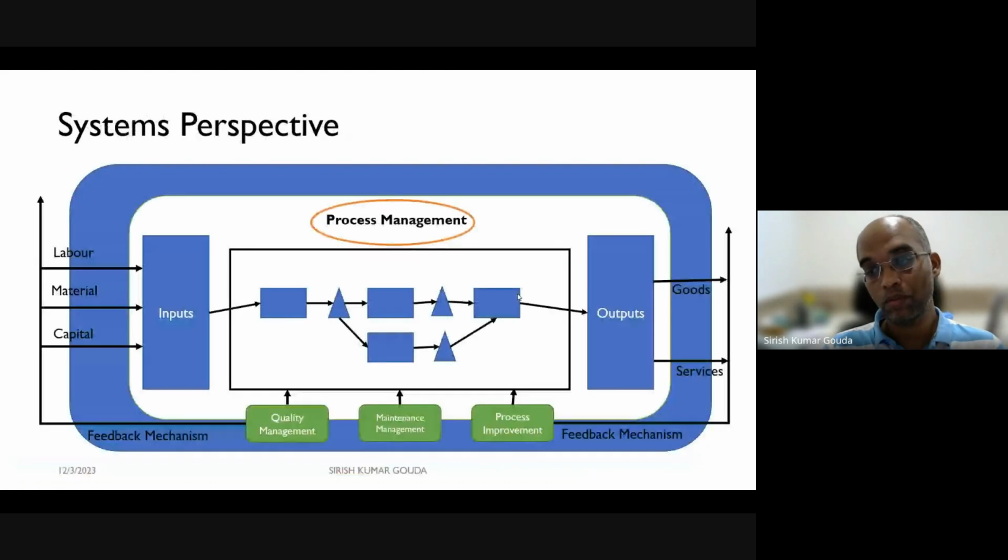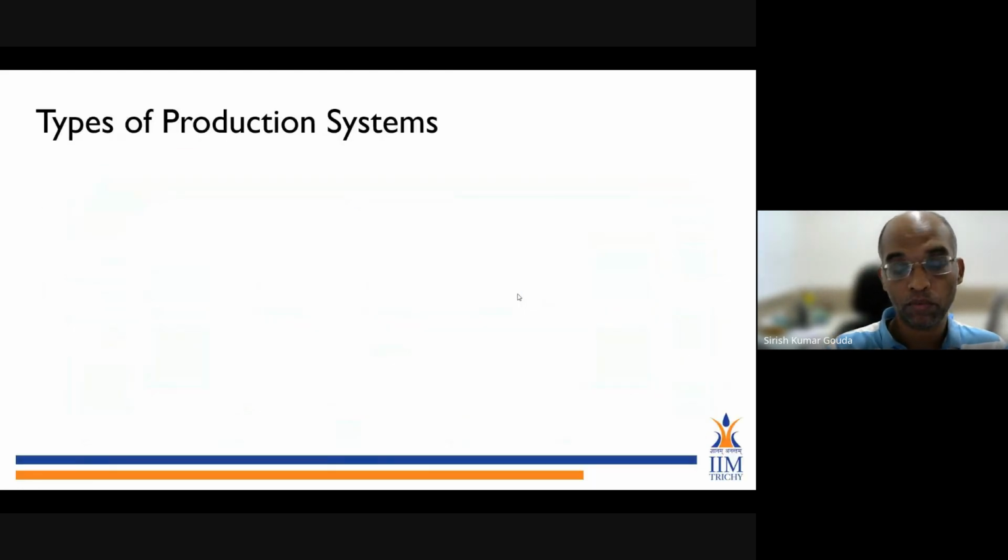Now, if you break down the different types of production systems based upon the different activities that are required before the product reaches the end consumer, you can think of them as identifying the different raw materials, designing the particular product, getting the raw materials from the suppliers, assembling or making that product, and then eventually delivering it to the customer.